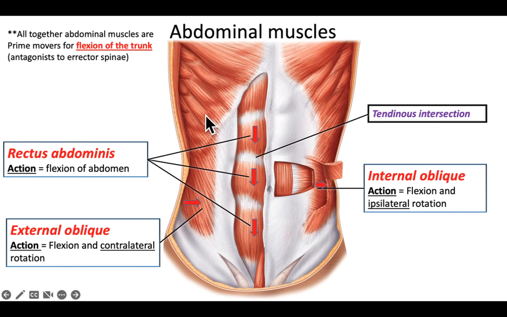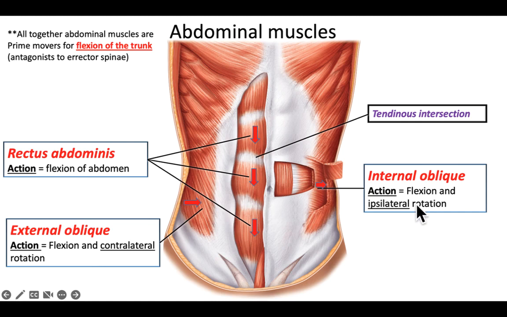When you rotate to your left, that's what these arrows are going to show. If you rotate your trunk to the left, you're going to be contracting your right external and your left internal. And that's going to cause you to rotate to the left. So what that means is the external obliques cause contralateral rotation, whereas the internal oblique causes ipsilateral rotation.